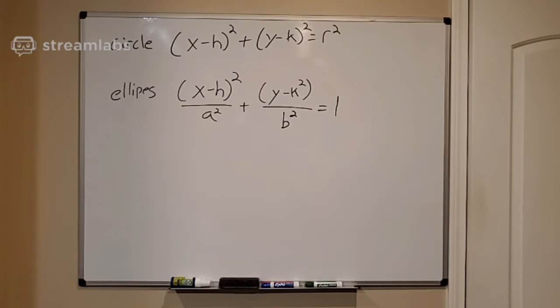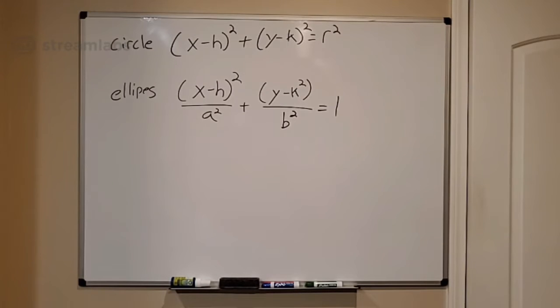So your a value, regardless of whether it's a horizontal or a vertical ellipse, is the value from the center, and then you go left or right, doesn't matter which way, to get to the end of your ellipse. And your b value will be the same thing, but since it's with y, it's your vertical value.